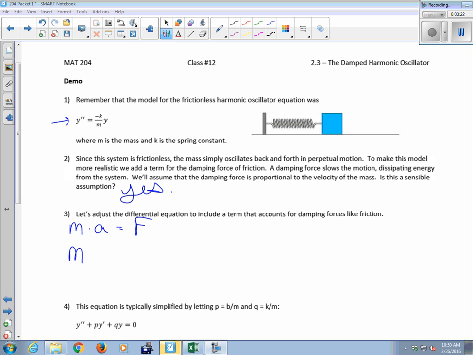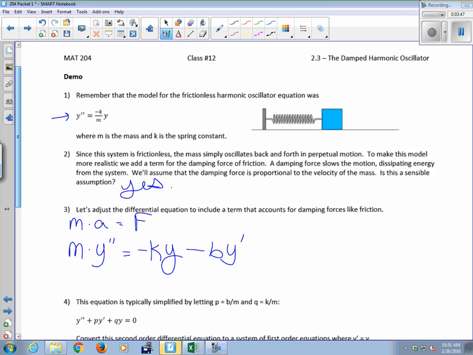We said mass times acceleration, which is actually y double prime because y is position, and then force was negative k y. But then we also were going to add another force here for friction that dissipates energy from the system. So it's going to be minus b y prime, because it's in proportion to the speed of the object.